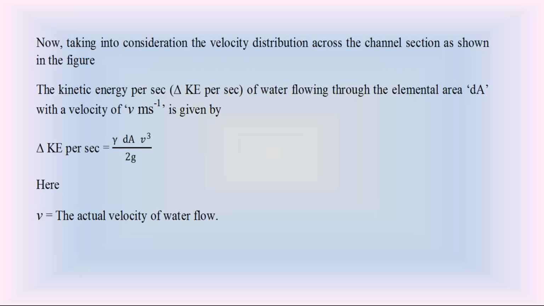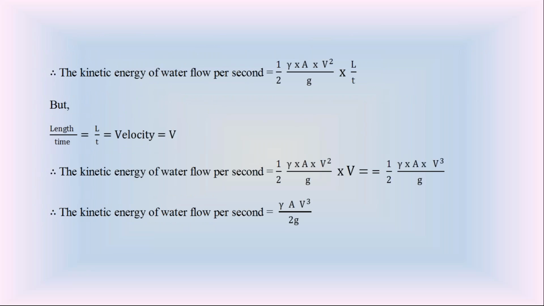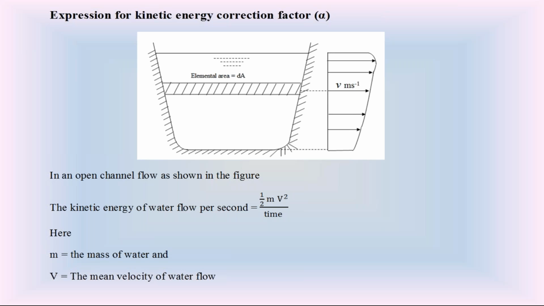So we consider a small water layer in that open channel. For that water layer, we calculate the actual kinetic energy per second, that is delta Ke per second, equal to gamma dA v cubed by 2g. But in that open channel from top to bottom, we have so many water layers, not only one water layer. Please check this diagram everyone.